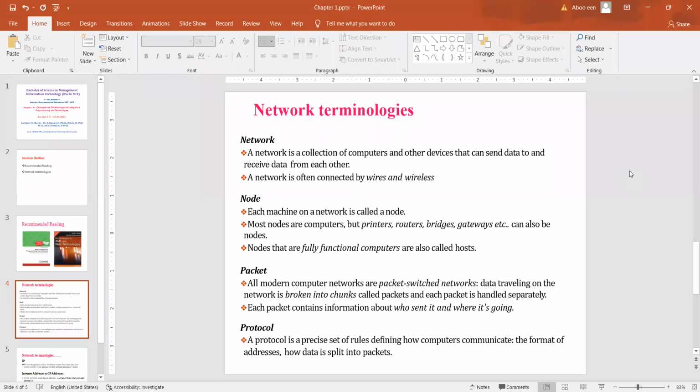If a machine is fully functional and active and providing its services to other connected devices, we can call it a host. So in a network, any connected device or computer or any other networking equipment is called a node. Got the idea?